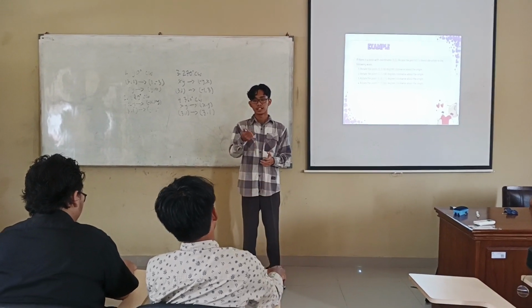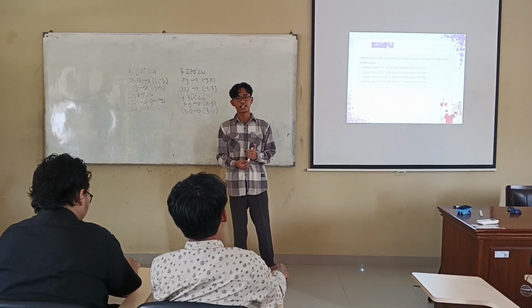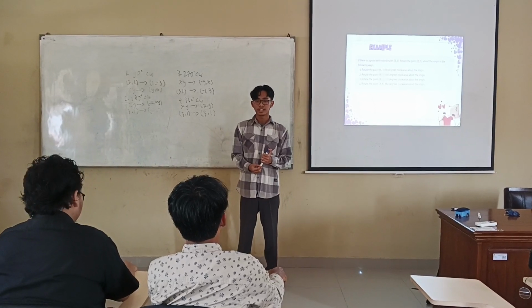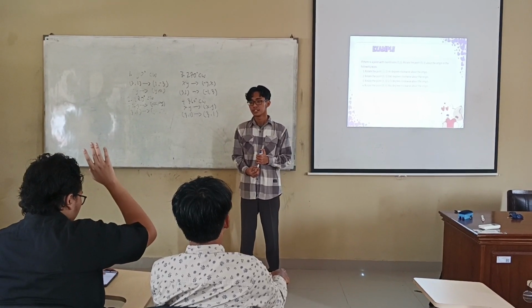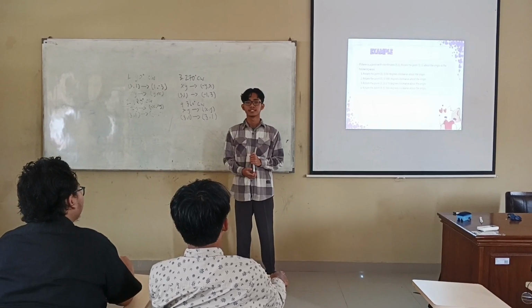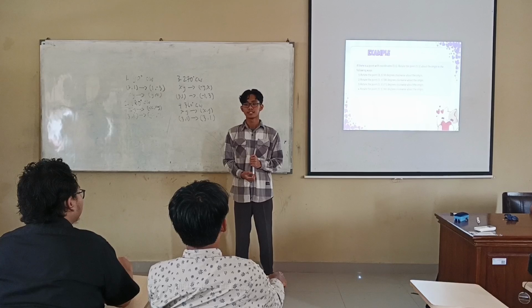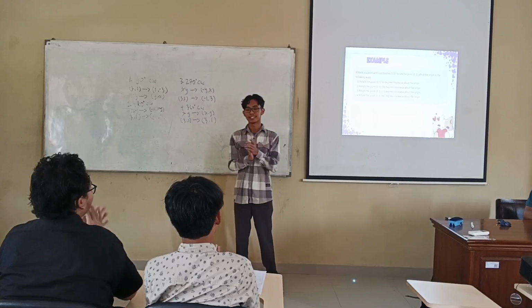The answer is minus 1, 3, sir. Oh, it's close, Farhan, but it's not the answer. Can anybody add a different answer? Okay. The answer is 1, minus 3. That's correct. Okay, give some applause for Ata and Farhan.